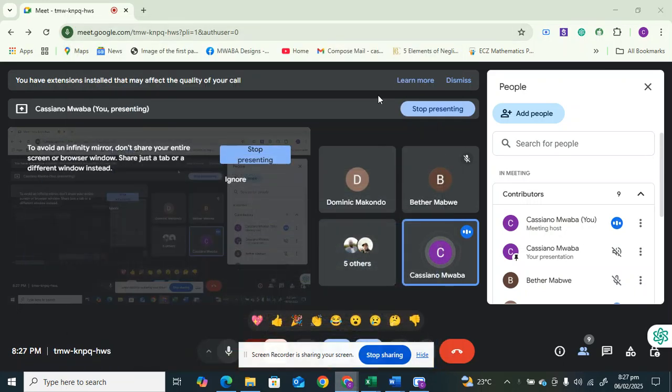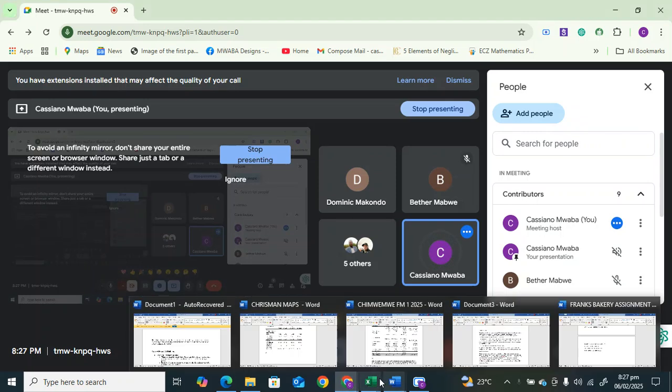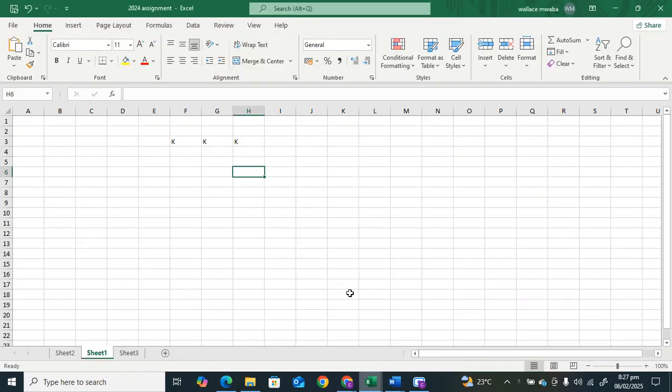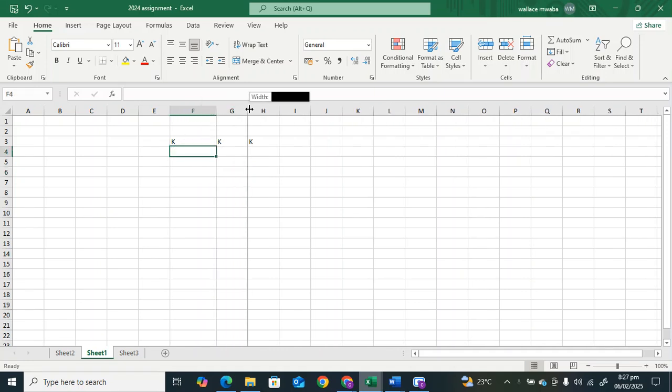Yes, so the first financial statement that we're going to make is the trading account. The purpose of the trading account. Colleagues, what's the purpose of the trading account? Anybody?